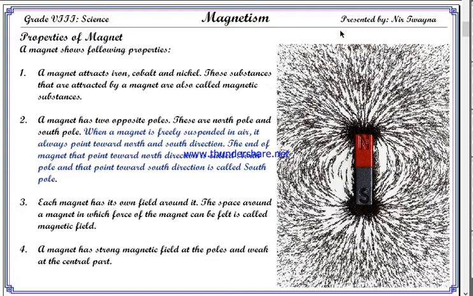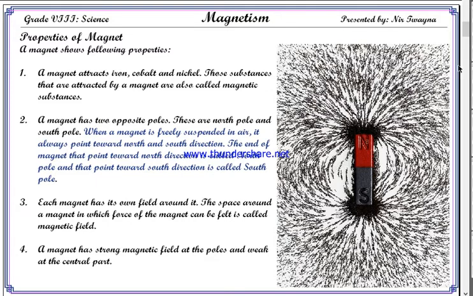And you know north and south direction, isn't it? If you point your right hand toward the direction the sun rises and left hand toward the direction the sun sets, then you are facing north direction. And your back is facing south direction.